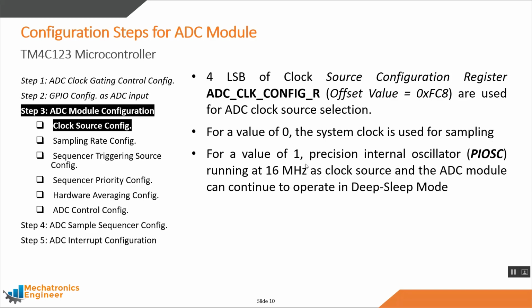But if you write the value 1, then the precision internal oscillator that is running at 16 megahertz will be used as a clock source. One advantage of using this internal oscillator is that the ADC module can continue to operate in deep sleep mode of the microcontroller.